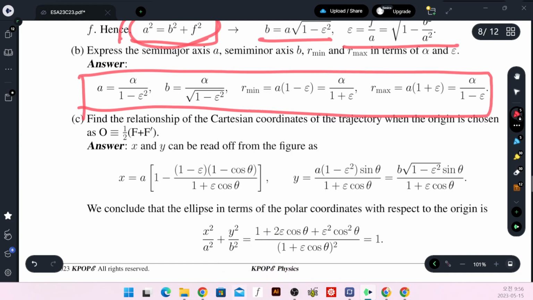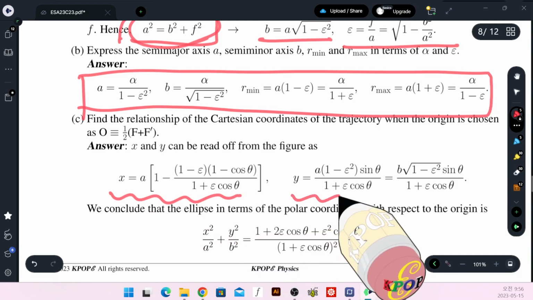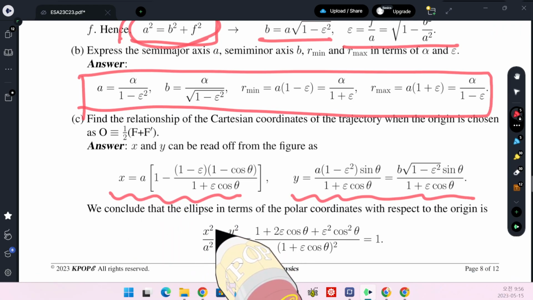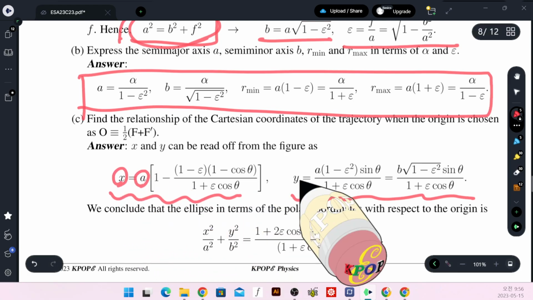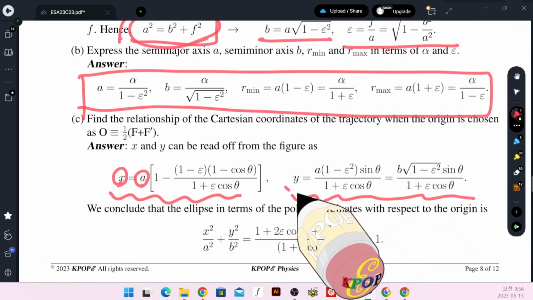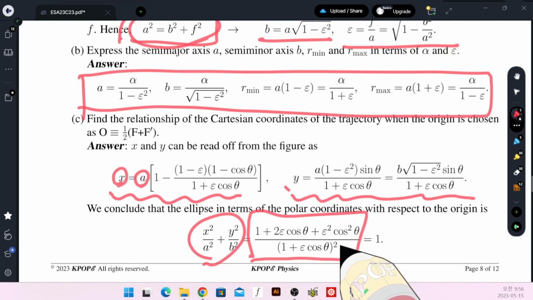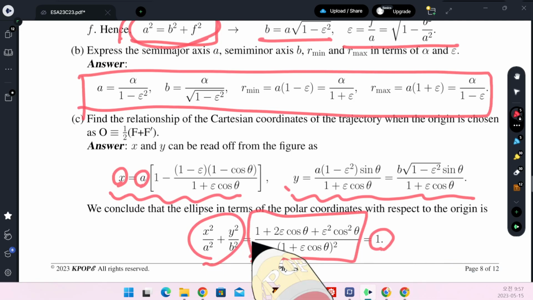A little bit tedious computation shows that the Cartesian coordinates of x and y are expressed like that. If you sum x squared over a squared, we will find x over a from this and y over b from this. And if you sum them all, you will find this expression. A little bit busy, but it is exactly equal to unity. So we call this one the equation for an ellipse.